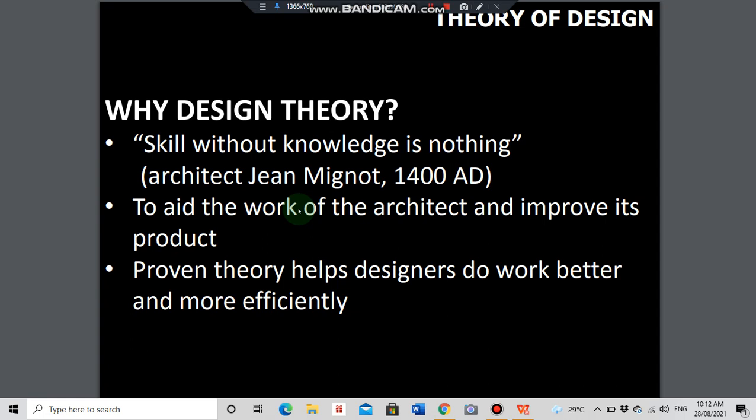Proven theory helps designers do work better and more efficiently. So when you say proven theory, it is a scientific theory, no? An explanation for something based on a testable body of evidence that has been repeatedly confirmed through observation and experiments.